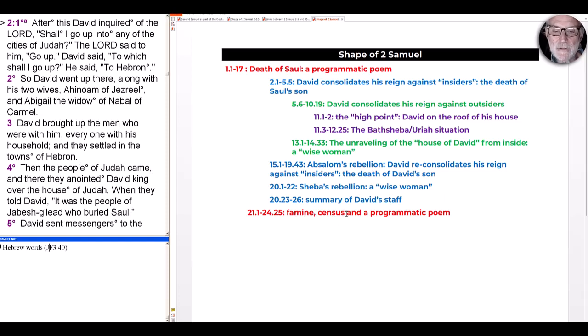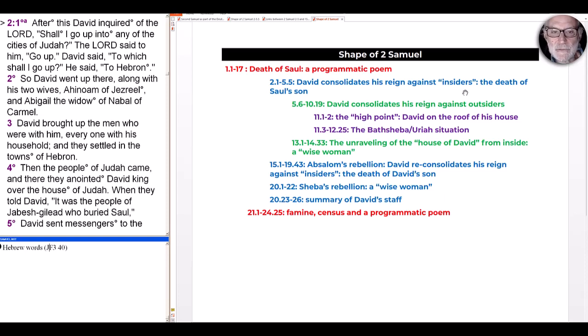And they're important to the larger picture, and most scholars see these, though, as some kind of postscript, chapters perhaps added later, and they certainly don't seem to follow the narrative, which reaches its climax at the end of chapter 20. So, as just noting here, there's this unit of David consolidating his reign against insiders, which is to say Saul and those people are fellow Yahweh people, and that makes them insiders.